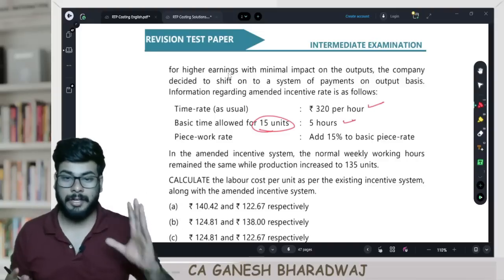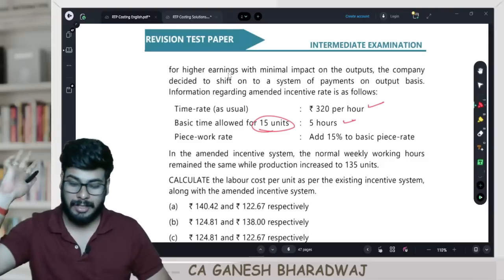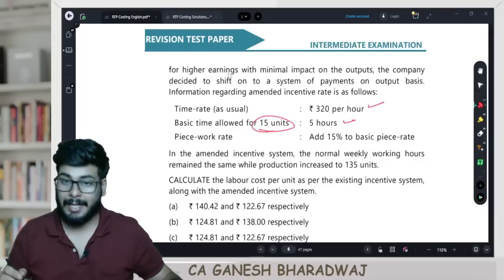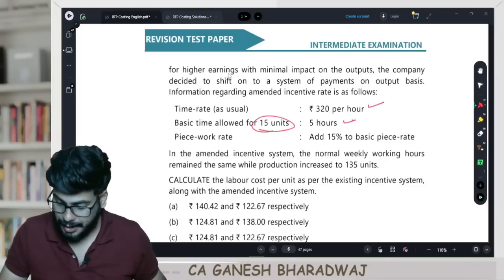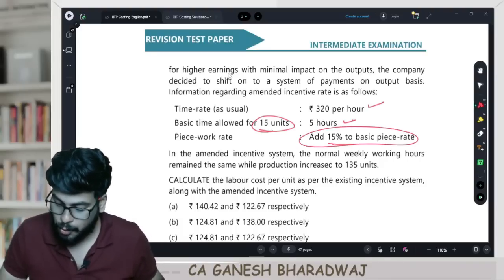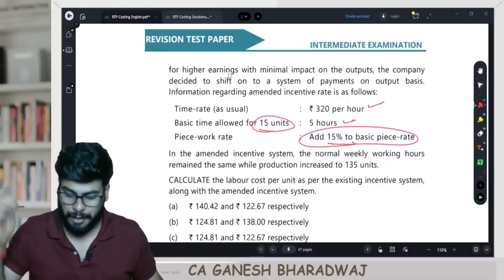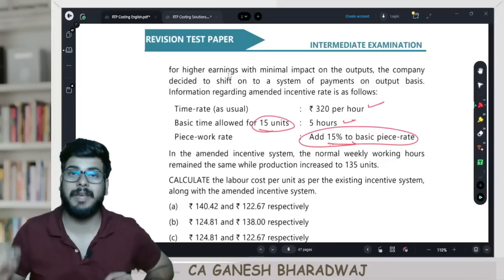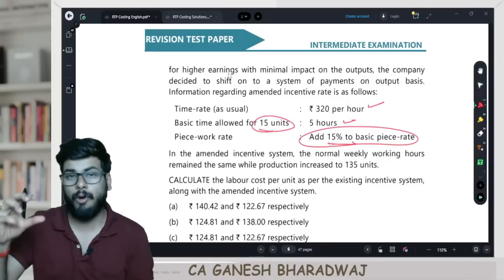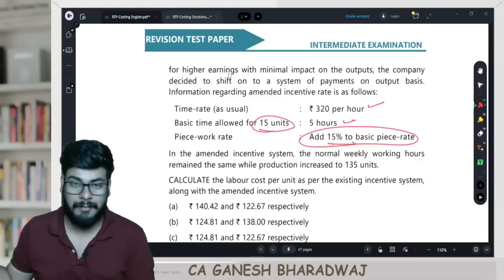To produce 15 units, you are allowed to take how many hours in total? 5 hours in total. And now they are saying the piece work rate is basically, we are willing to pay you 15% extra as a bonus for every unit produced. So add 15% to basic piece rate. This is what they have given. How to compute, I will walk you through that when we are doing the solution.